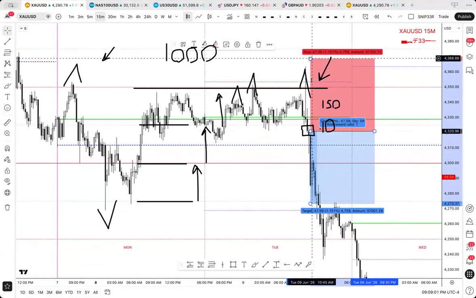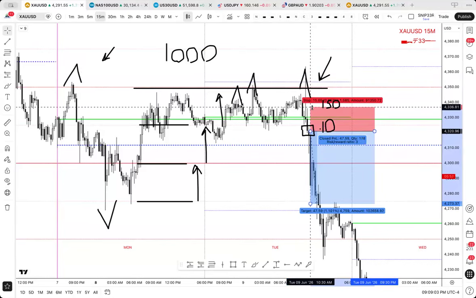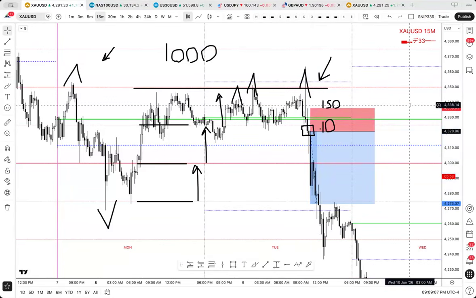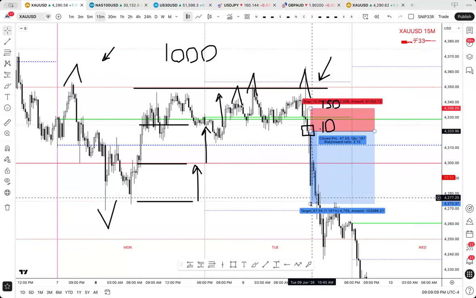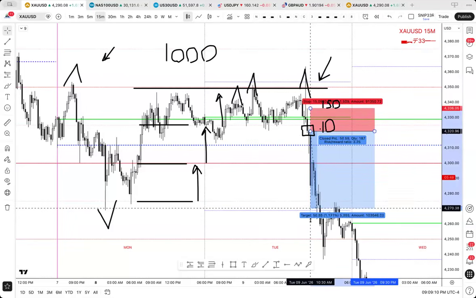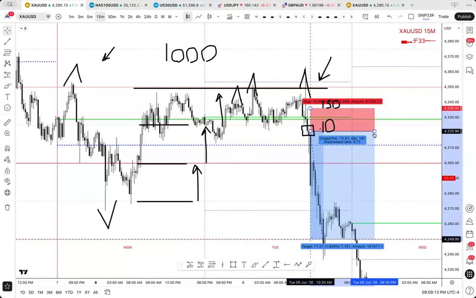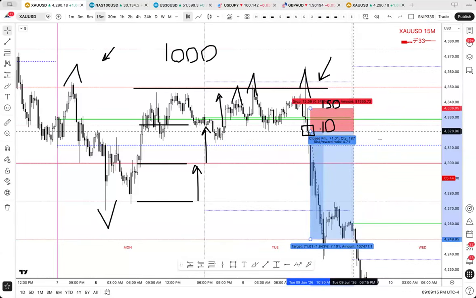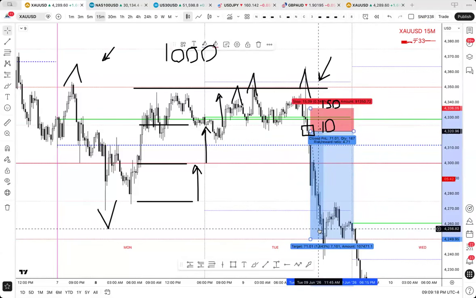I rarely ever need to exercise a max stop. But right there, boom, that's $150 of risk at a point 10. And if my target is a quarter outside of that box, which is about 700 pips.